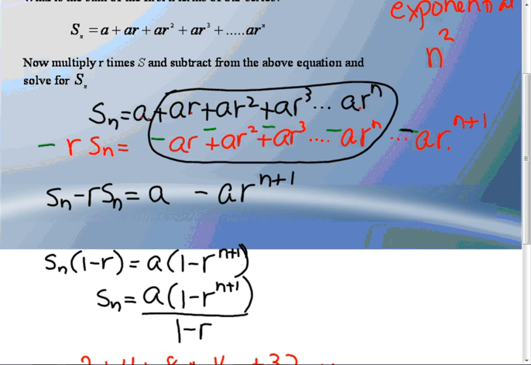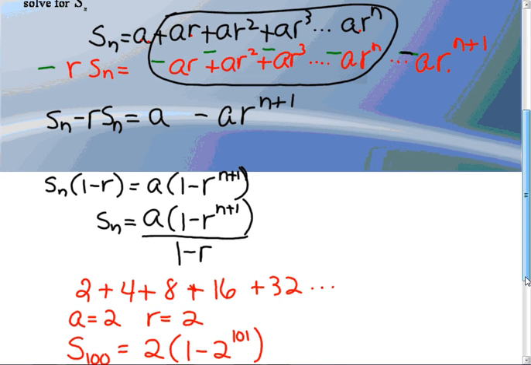So I said minus R is... So that I just multiplied by R and subtracted, and all the middle stuff goes away. Trying to find S sub n. Oh, you said S sub n minus R. I factored out S sub n. Oh, okay, got it. Factor out A.